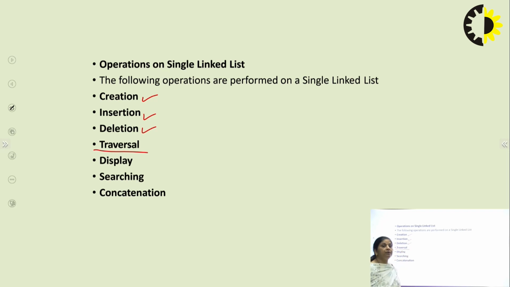For example, I want to display the data stored in the linked list, or I want to search whether some data is stored in the linked list or not. I want to display the data in the complete linked list. Searching, we talked about concatenation. We want to concatenate two linked lists. These are different requirements that we can have. So according to that, we have different operations on a singly linked list.